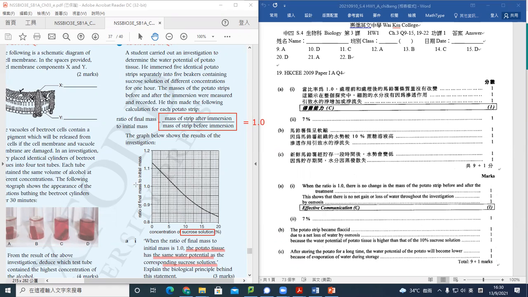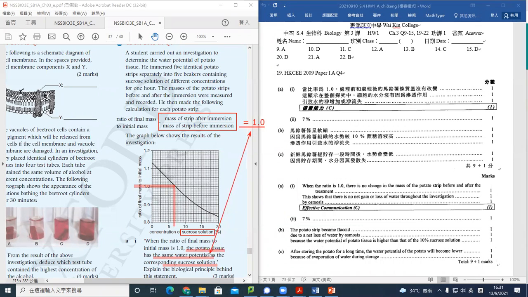For example, when there's a sucrose solution with this concentration, then it is having 1.0 in this ratio. So you have to explain the relationship in between.